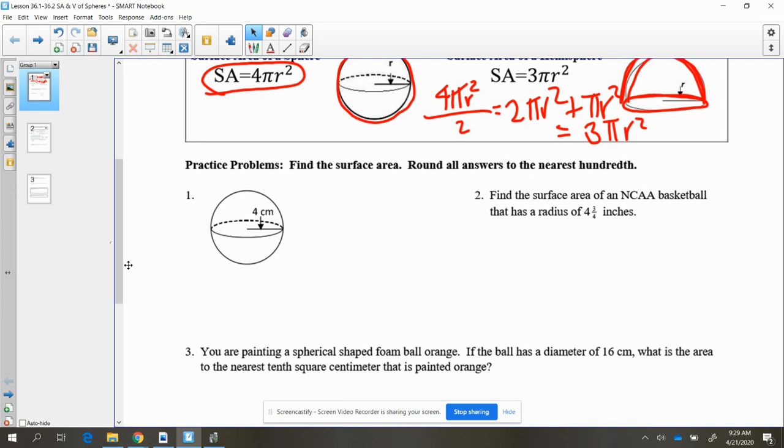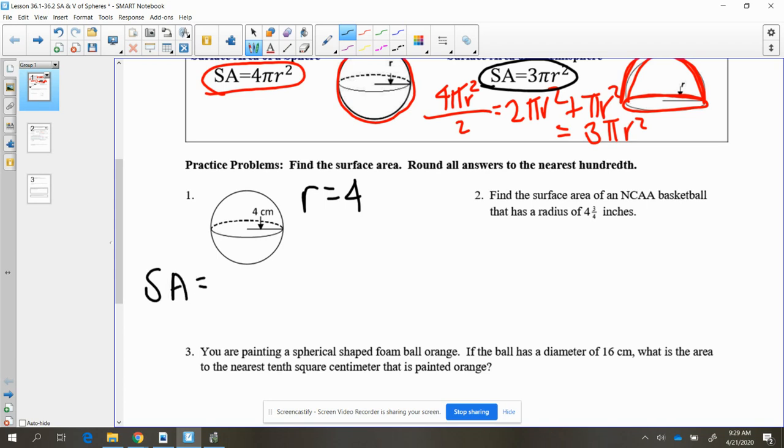Now, each time as you start solving these problems, really what you're looking for is just what is the radius of my sphere or my hemisphere, because then you can just plug it into the two formulas that we talked about above, either the surface area of the sphere or the surface area of the hemisphere. So for the first one, we have a radius of 4.